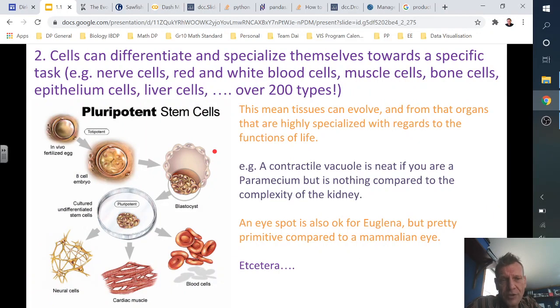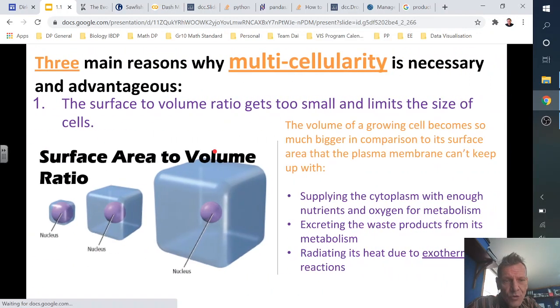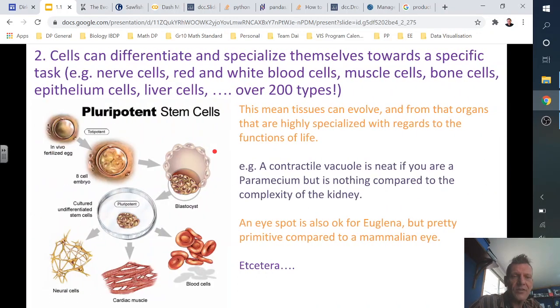Now, the advantage of splitting up into a multicellular organism, so having more cells, is that our cells are able to differentiate into different types of cells. So we start off as a singular cell, a zygote, the fertilized egg cell that was formed by the fusion of an egg cell and a sperm cell.